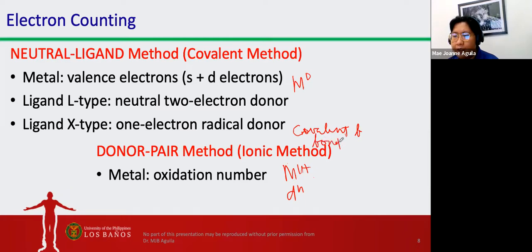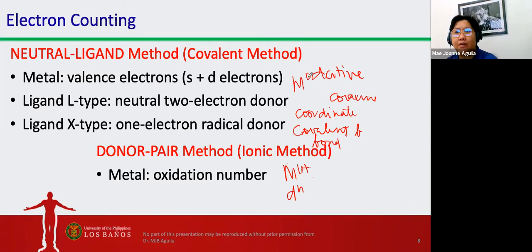So 1 electron will be coming from the metal and another electron will be coming from the ligand. But for the L-type ligand, both electrons are actually coming from the ligand. So this is a coordinate covalent bond, or what is known as the dative bond.